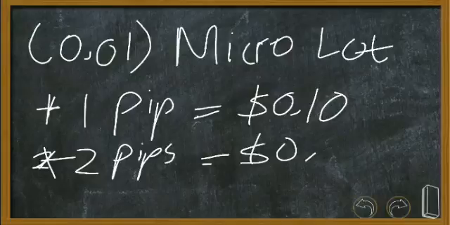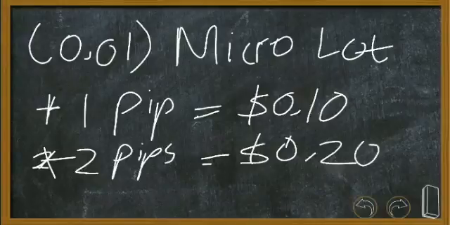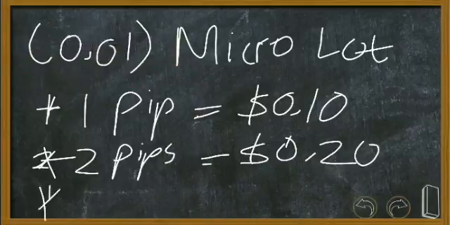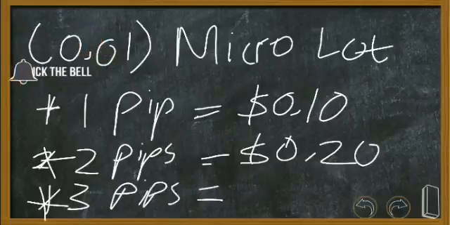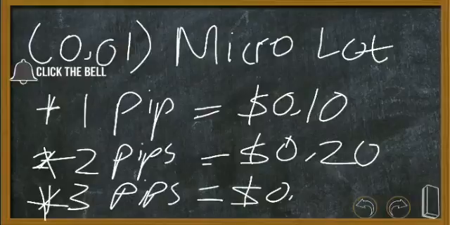But I'm making it easier to understand for beginners. If we were to use the right thing, we shouldn't be putting a dollar sign in front, but it still makes sense. Okay, 2 pips will be 20 cents or $0.20. 3 pips, movement of 3 pips, that's 0.30.